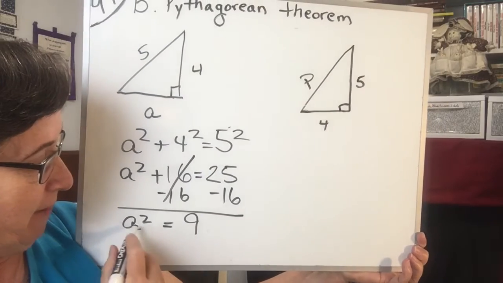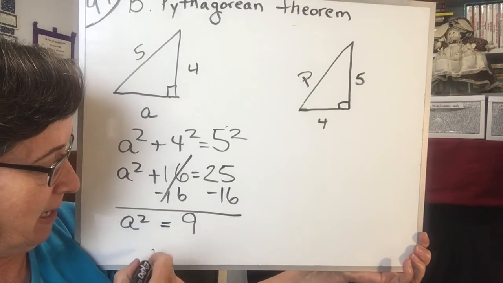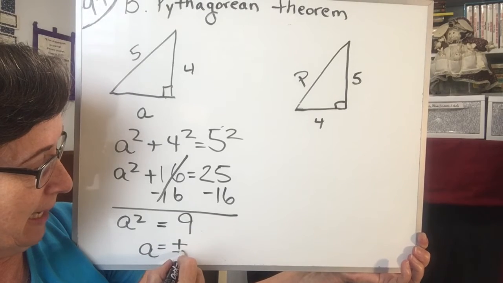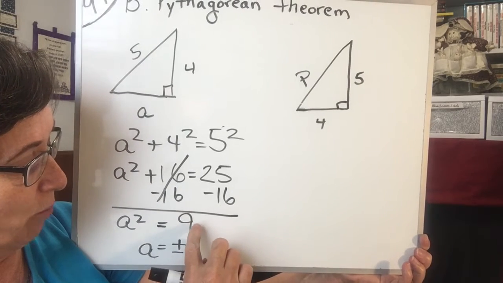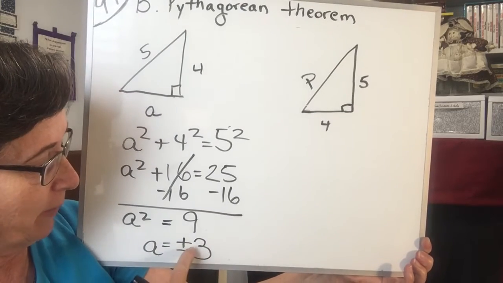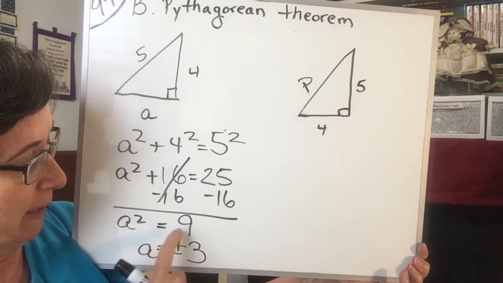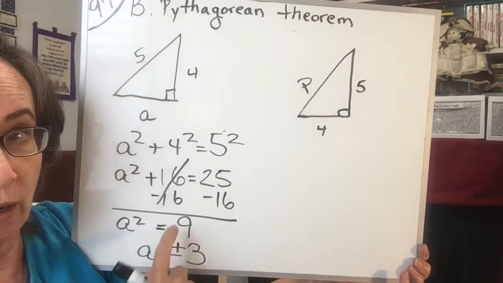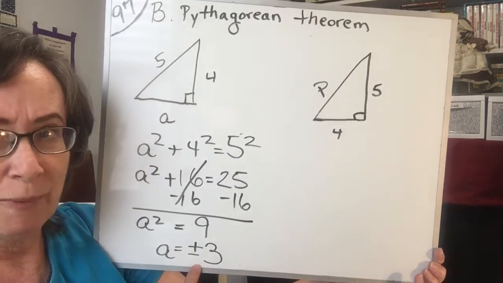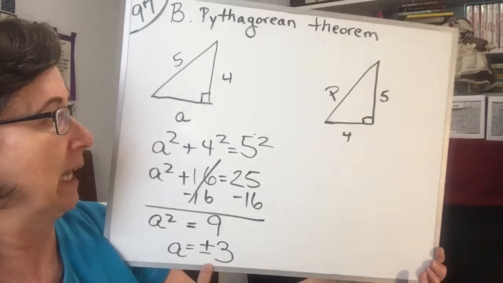So we have A squared is 9, or A is plus or minus the square root of 9, which is 3. Now let's check. 3 squared is going to give us 9, and negative 3 squared is going to give us 9. So now we get plus or minus 3.